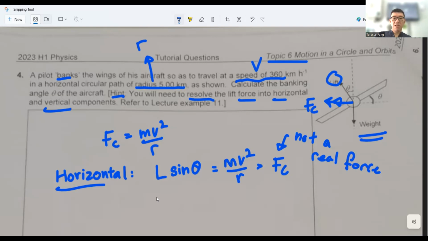This is actually Newton's second law: F net equals ma. In this case, the ma is your F_C.